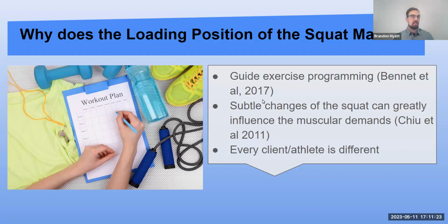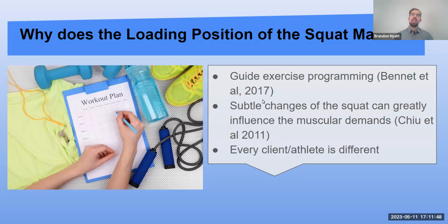And this targets muscle strengthening of the lower extremities and the trunk. Another quote that they say is that appropriate exercises should be applied to the participant's functional state accordingly. So what that means to me is that loading position matters. It's an important variable, and it can help make or break an exercise or a squat exercise for a client.